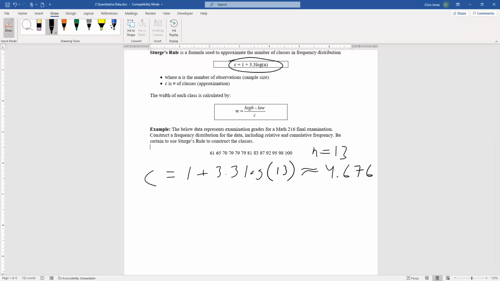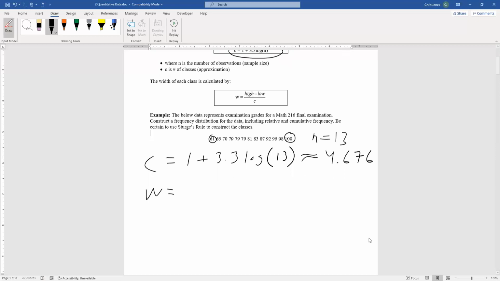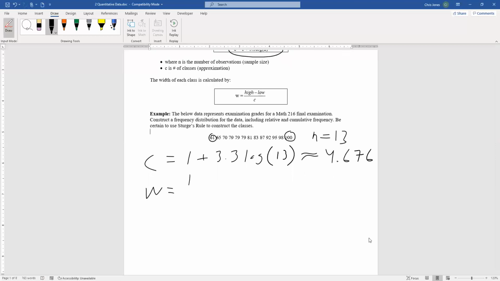All right. Finally, we're going to get the width, W, right? And the width, W, is going to be high minus low divided by C. Notice the highest observation is 100, and the lowest observation is 61. So we have 100 minus 61. Okay, so we're using this formula, and we're going to divide it by C. And what's C?